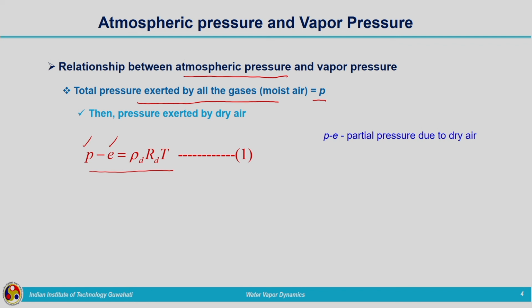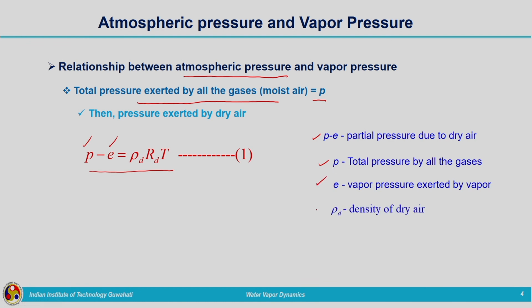P minus e is nothing but the partial pressure due to dry air. P is the total pressure by all the gases, e is the vapor pressure exerted by the vapor, and rho d is the density of dry air. Rd is the gas constant for dry air. It is 287 joules per kilogram Kelvin.